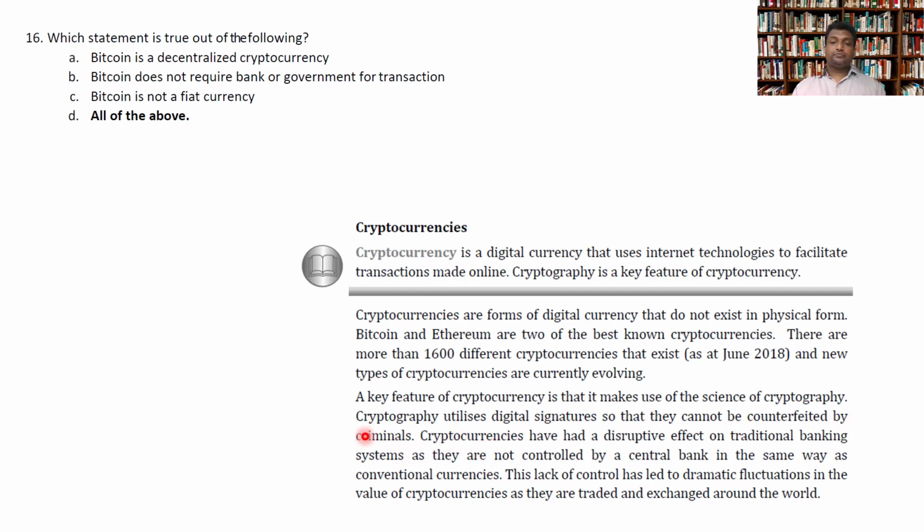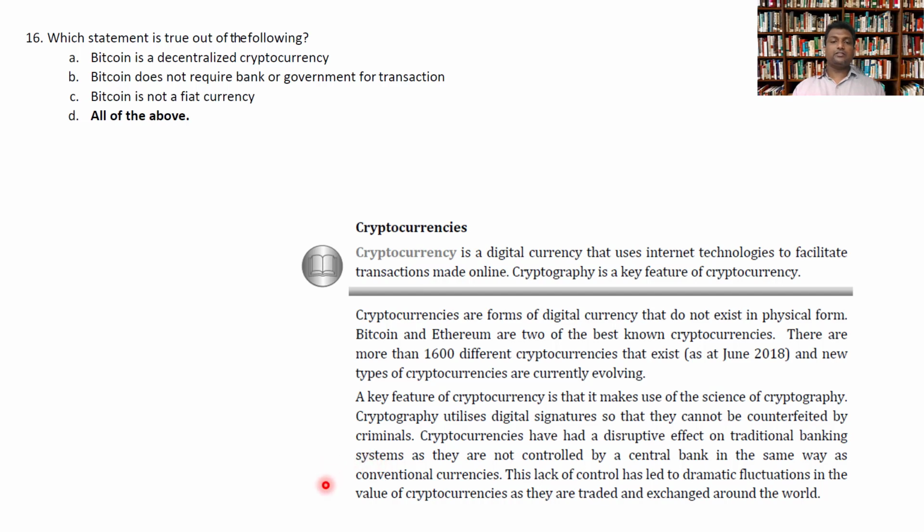Right. So this is not controlled by a central bank or any other authorities as the conventional currencies that we use. As opposed to the dollar, which is controlled by the US government, when you try to exchange or trade or use it for some purpose, you need an institution to intervene.